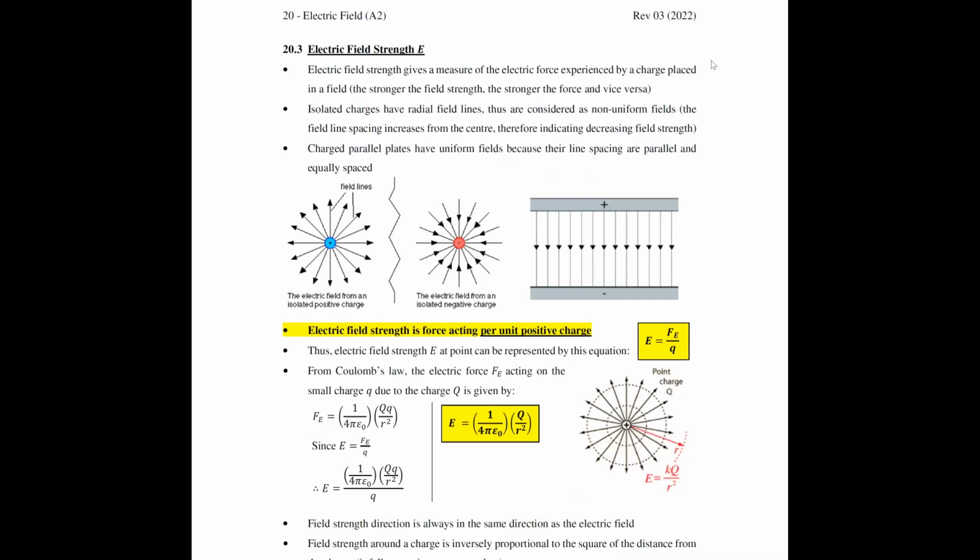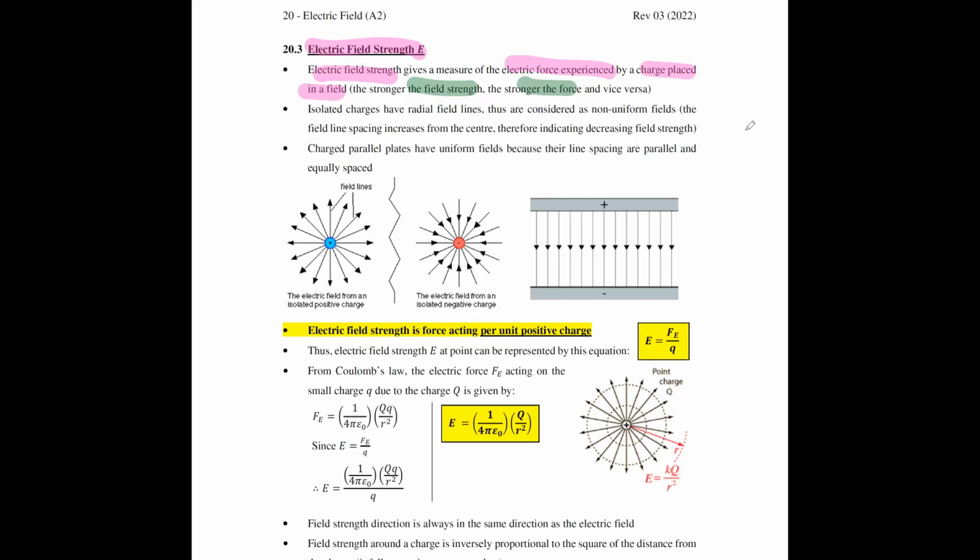we will go through something called electric field strength, E. Electric field strength gives you a measure of the electric force that will be experienced by a charge placed inside the field. The stronger your field, the stronger your force experienced by the charge, and vice versa.